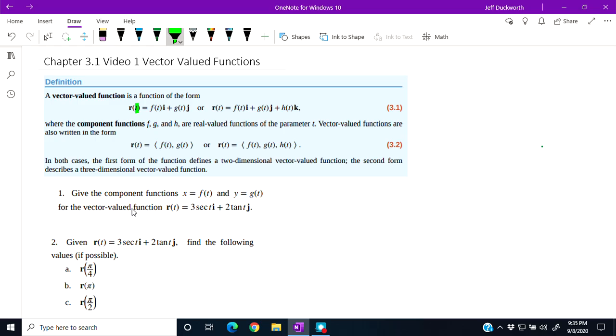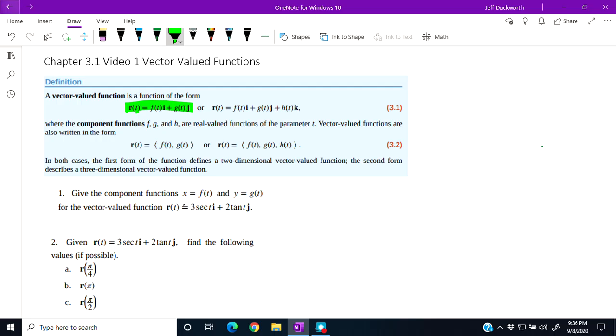Now if you look here, we get r of t equals, so the function r of t, which is a vector, equals function f of t times our standard vector i plus g of t times the vector j.